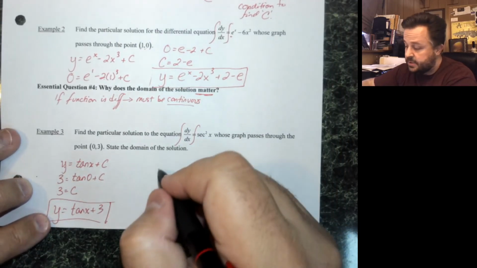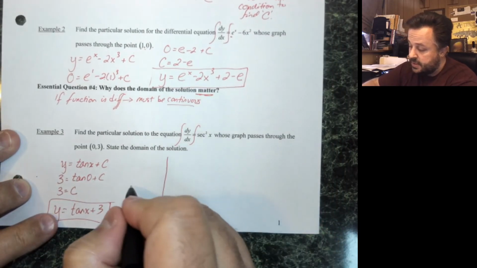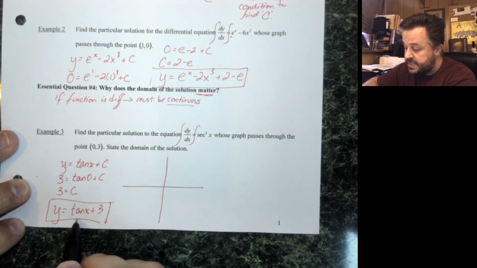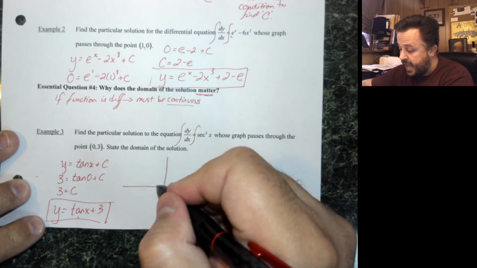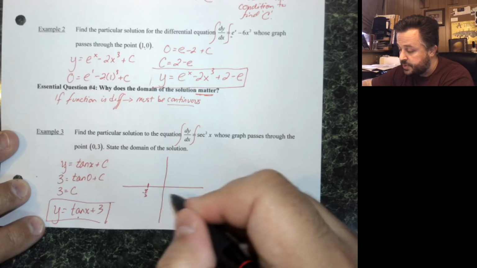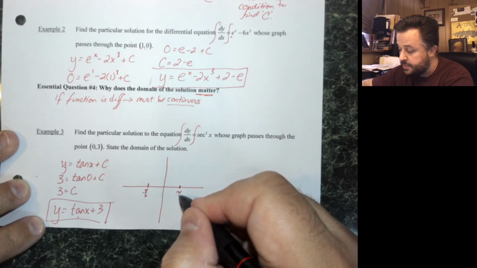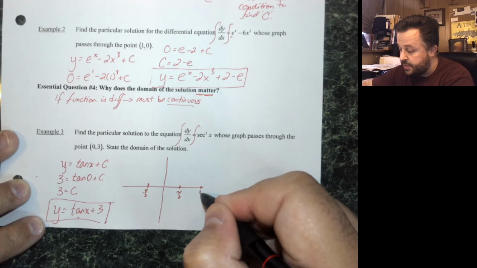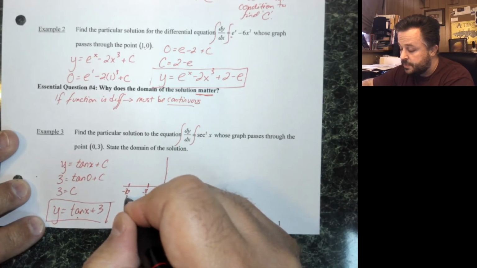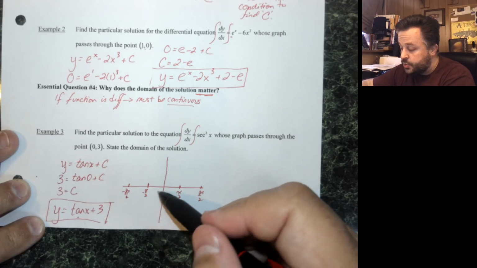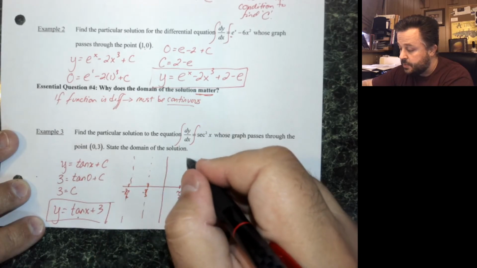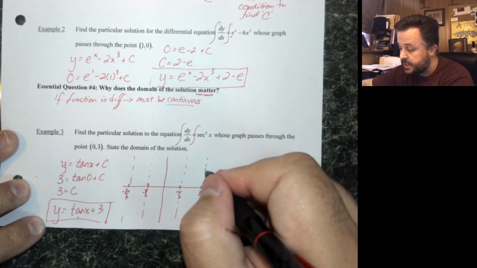Now let's take a look at what this graph looks like. We're going to take the graph of the tangent of x, which has vertical asymptotes at negative pi over 2, as well as at 3 pi over 2 and negative 3 pi over 2, and normally goes through the origin. These vertical asymptotes are just a form of discontinuity.